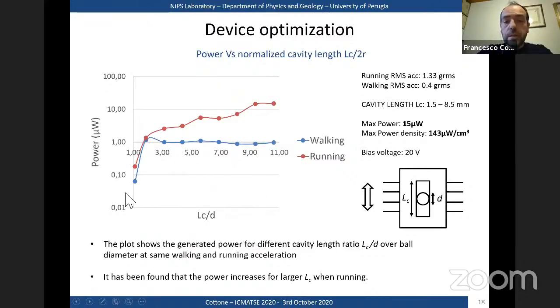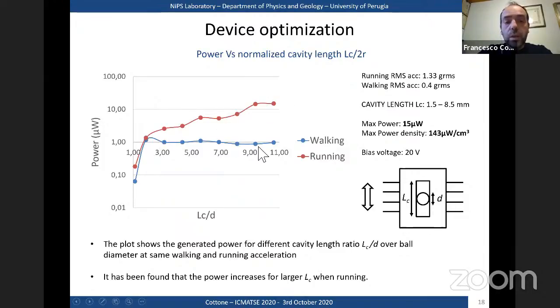So the cavity length can change. This is measured for two cases, a walking man and a running man. For a running man, for example, if the length of the cavity increases, we have an increase in the power.